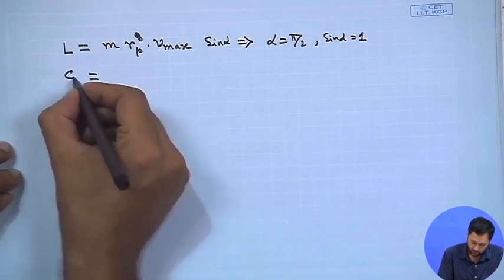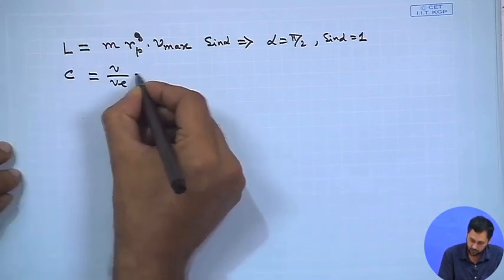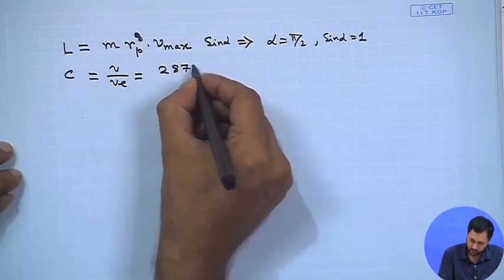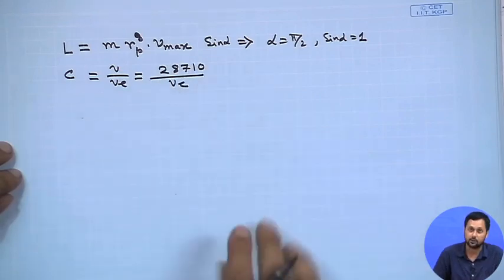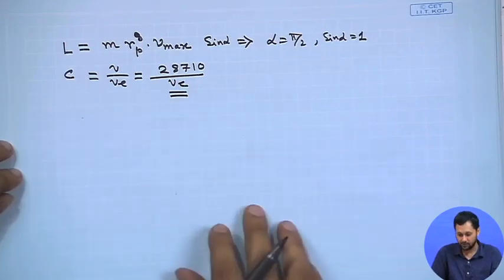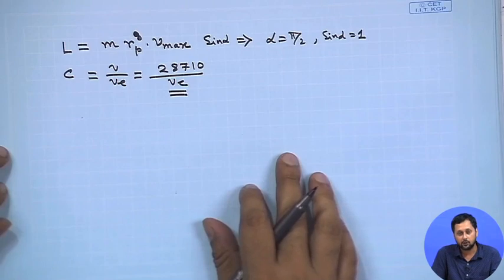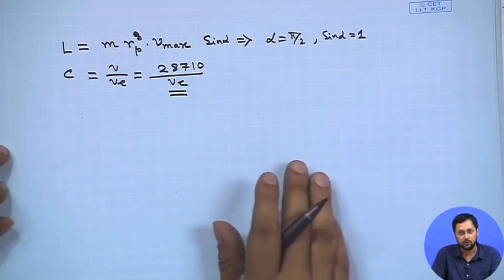Now, C is given by V by V e, which is 28710 divided by the escape velocity. Please remember, I told you previously that what we know is the escape velocity from Earth's surface. For this particular case, the satellite at its perigee position is 227 kilometers above the Earth's surface, so the value of escape velocity will be changing.